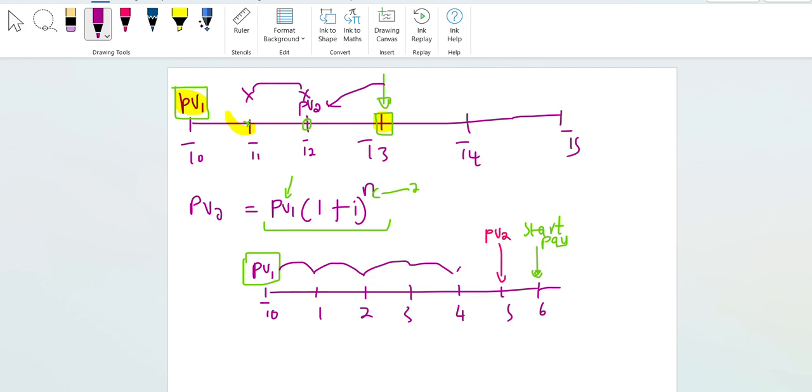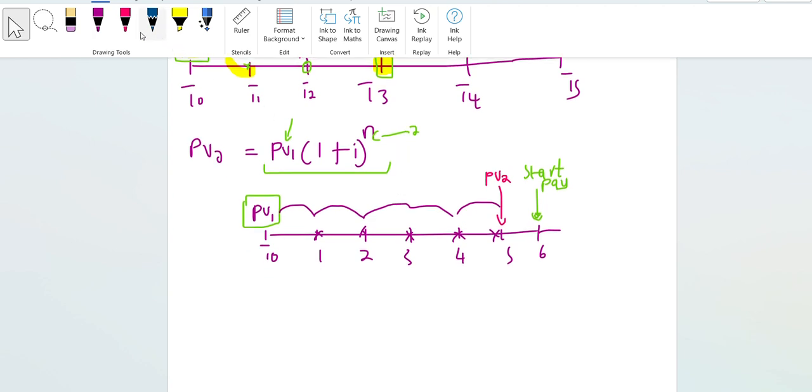So I missed the first payment, the second payment, the third, the fourth, okay, I missed 1, 2, 3, 4, and 5. So I missed 5 payments. When they charge me, the interest will increase. So the present value number 2, which will be the value of the loan at that time, is no longer the one that I took. So this will be present value number 1 multiplied by 1 plus the interest rate, to the power of 5.